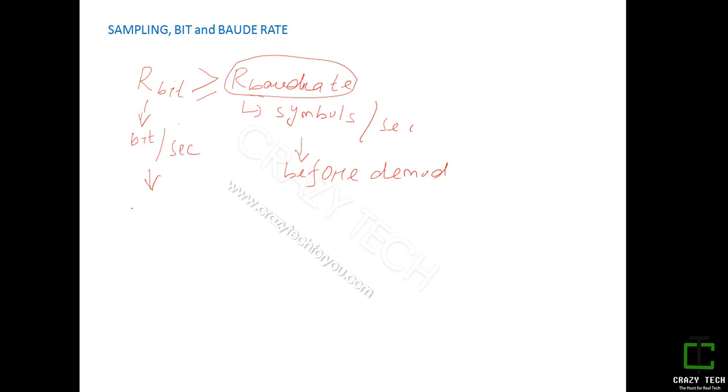And after demodulation I am going to take care of bit rate. After demodulation I am going to have this kind of string of bits.